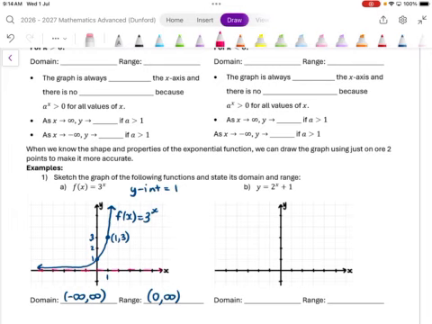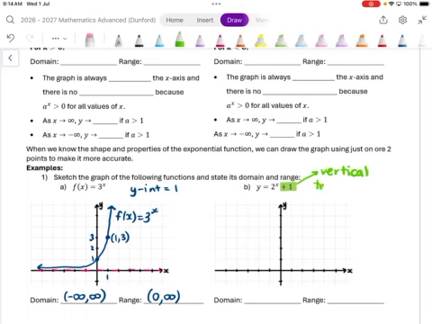No? Now our next one here, we have y equals 2 to the power of x plus 1. So this function is the function y equals 2 to the power of x, but what that plus 1 does is it vertically translates it 1 unit up.